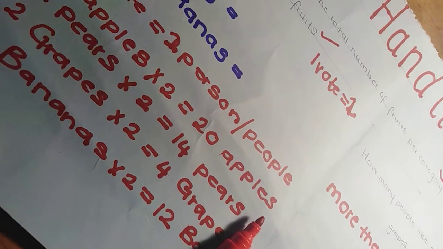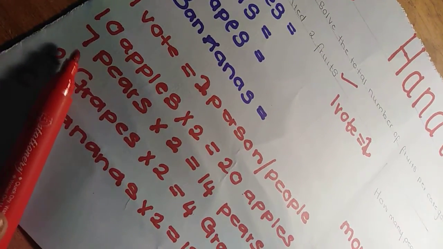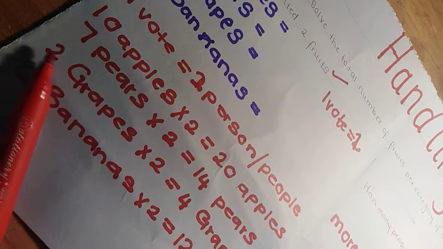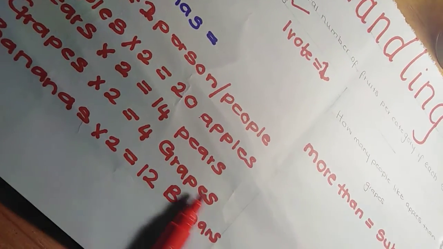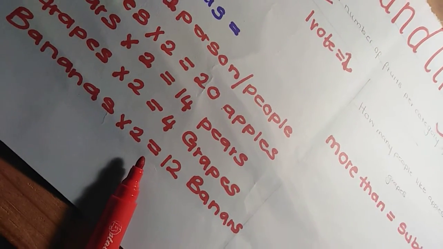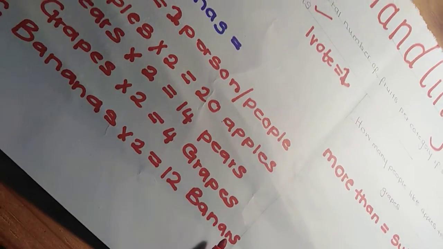Remember, I taught you. So what you're going to say is that 10 apples times 2 is equal to 20 apples. 7 pears times 2 is equal to 14 pears. 2 grapes times 2 is equal to 4 grapes. And 6 bananas times 2 is equal to 12 bananas.